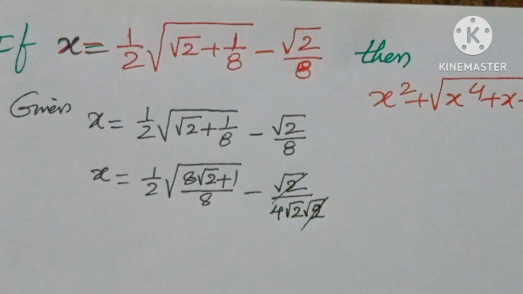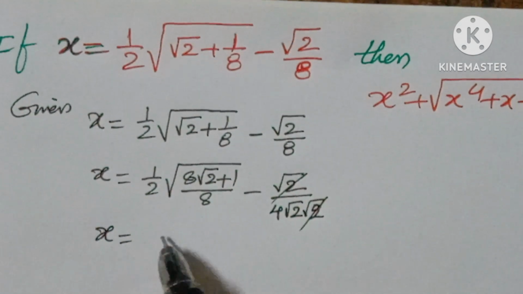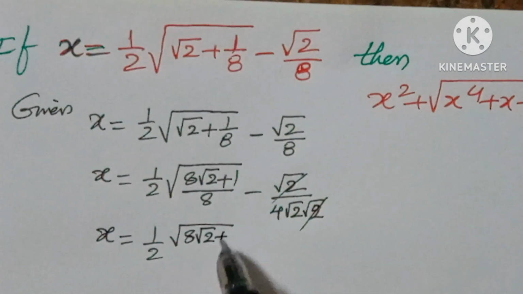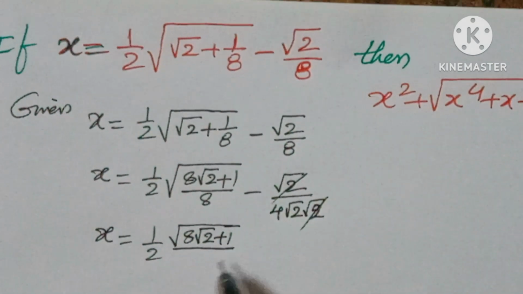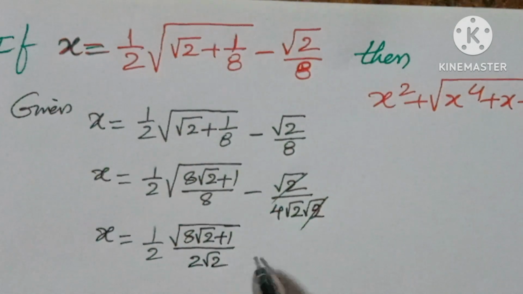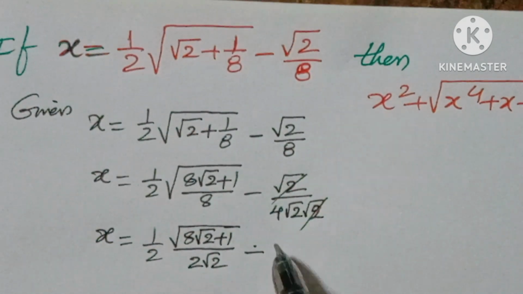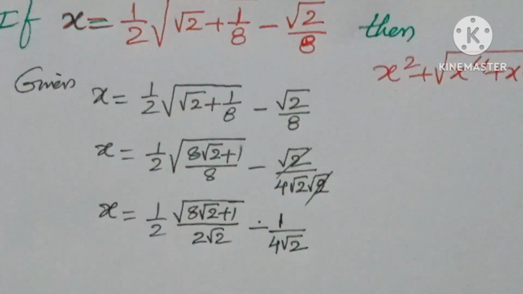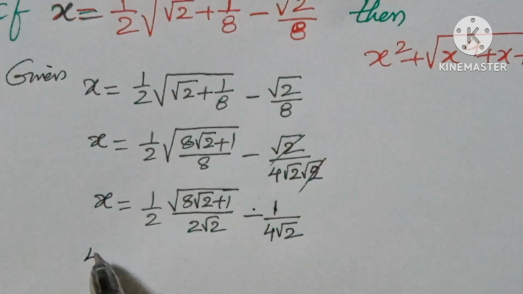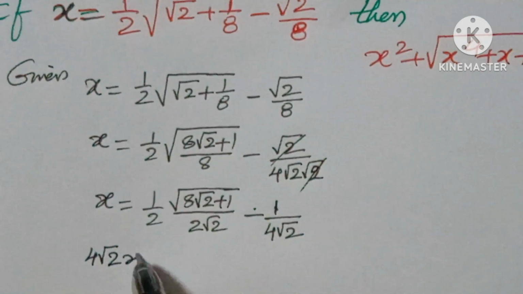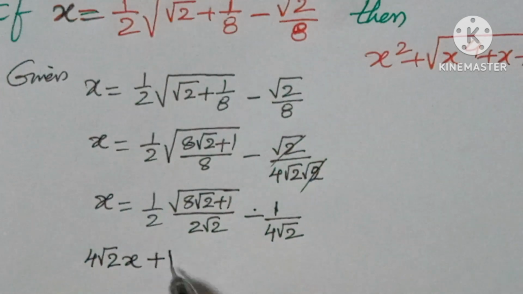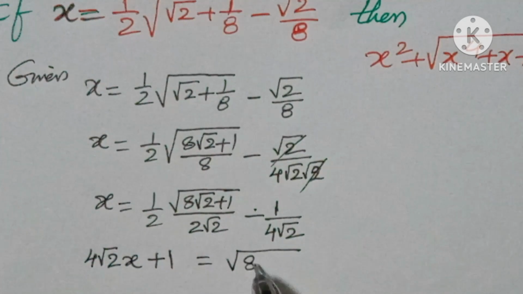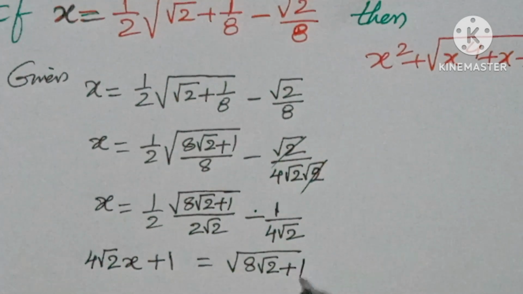So root 2 gets cancelled. So x is equal to 1 by 2 square root of 8 root 2 plus 1 by, here we'll get 2 root 2, minus 1 by 4 root 2. Now if you take LCM, here you'll get 4 root 2 x plus 1, and this we are taking to that side, is equal to square root of 8 root 2 plus 1.